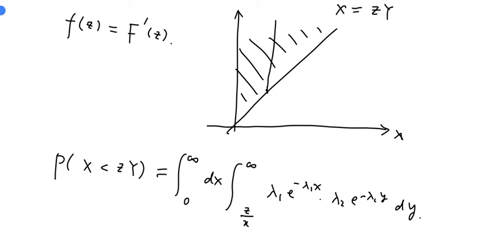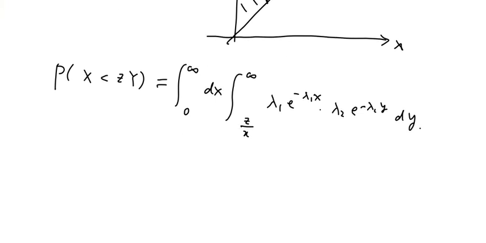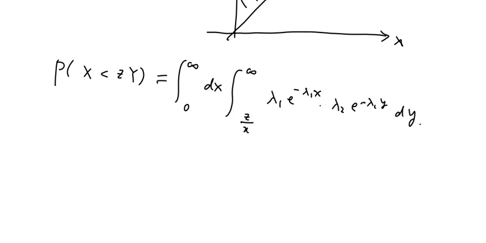We just need to do this double integration. We integrate out x and y, and only z is left. Then we regard this as a function of z and take the derivative.